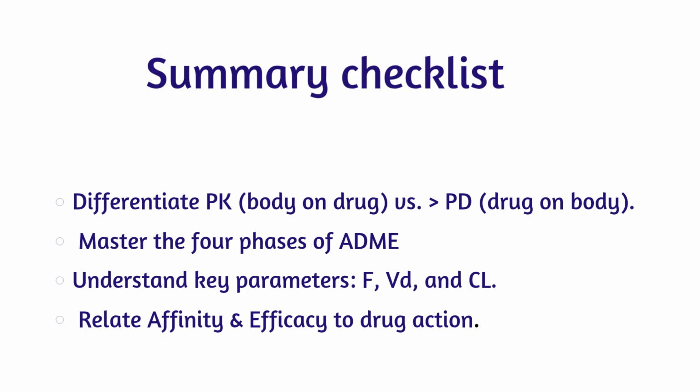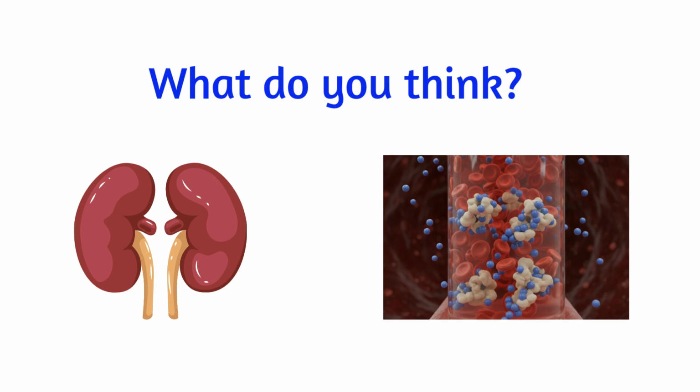So, I leave you with two clinical questions to really think about. The first one, your patient's kidneys aren't working. Well, how does that impact clearance? And what does that mean for your dosing recommendation? The second one, you have a patient with low albumin who's on a highly protein bound drug.